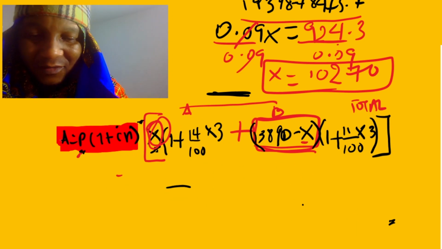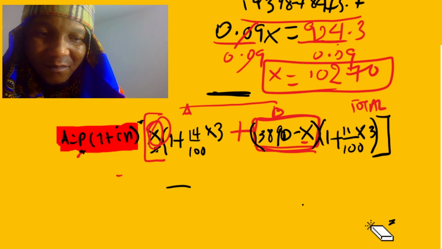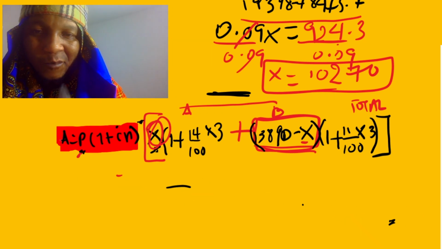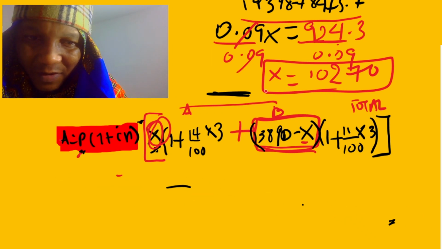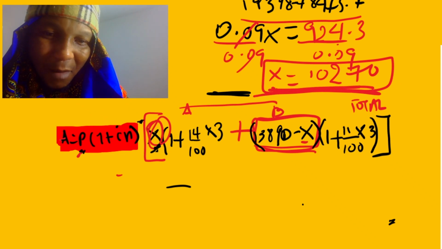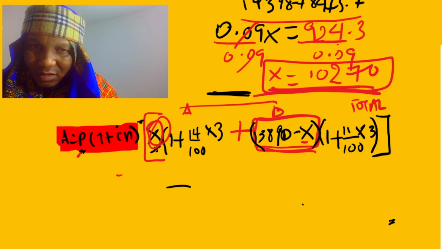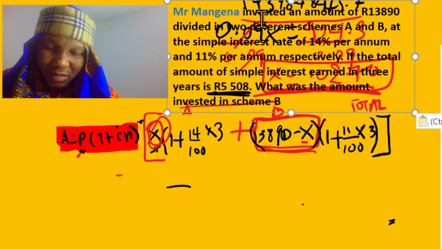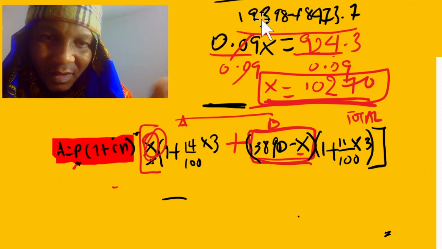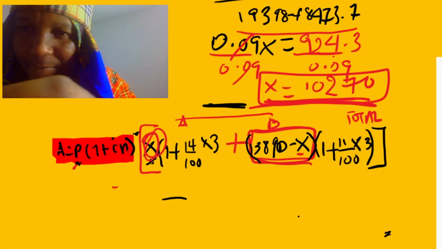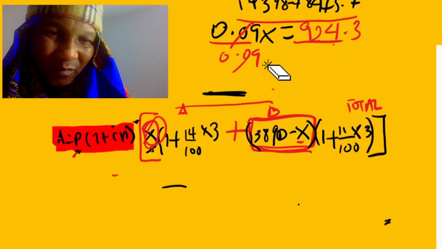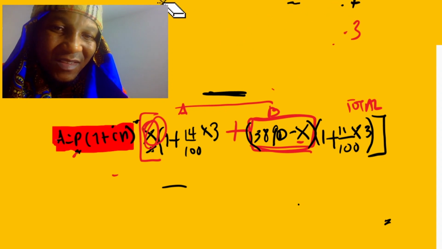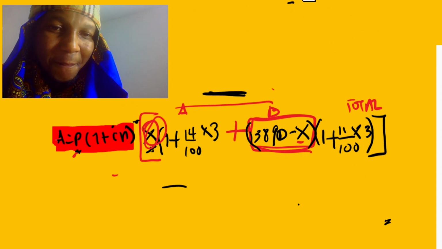So we have the value of x, right? Correct? Let me make a space here so I can finish up the question.